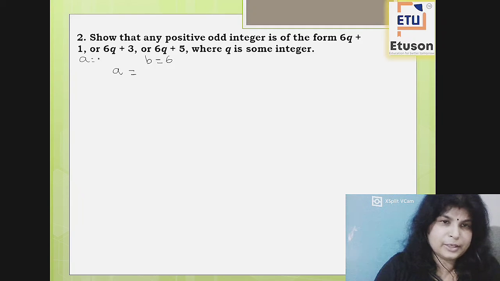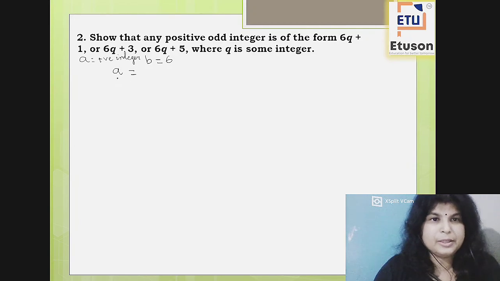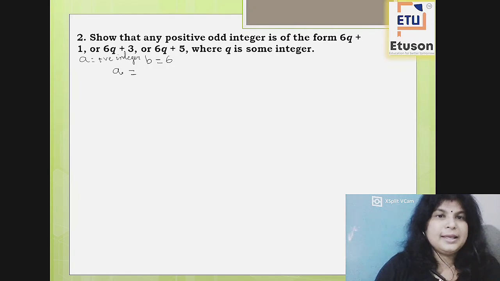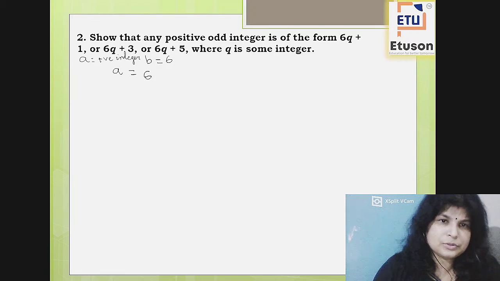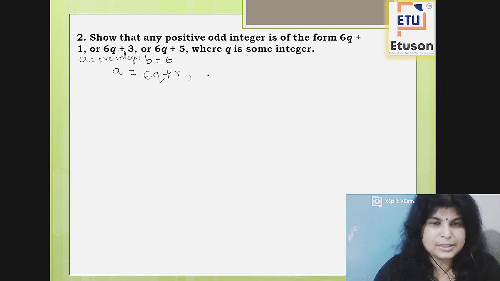So I am not writing in detail because we have already discussed same type of problem. You can refer to that. So for your understanding, I am just writing it down. A is equal to, b is equal to 6 now. So that is 6q plus r. So now q is some integer, q is an integer, positive integer, and what about r value?